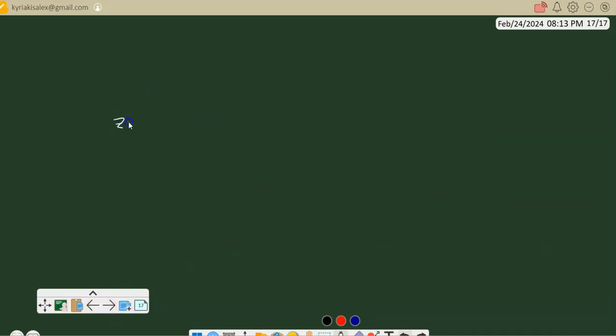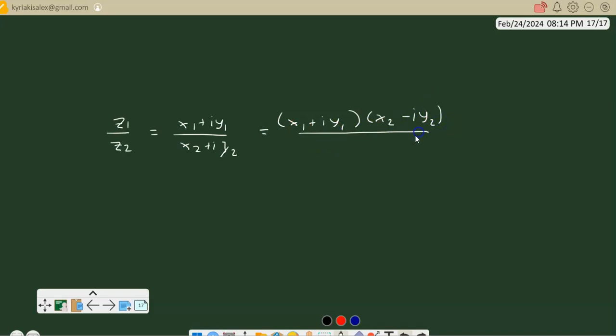Now let's take the ratio z1 divided by z2. So it's x1 plus i y1 divided by x2 plus i y2. So we multiply with the conjugate complex number, which is x2 minus i y2, and the denominator is x2 squared plus y2 squared.